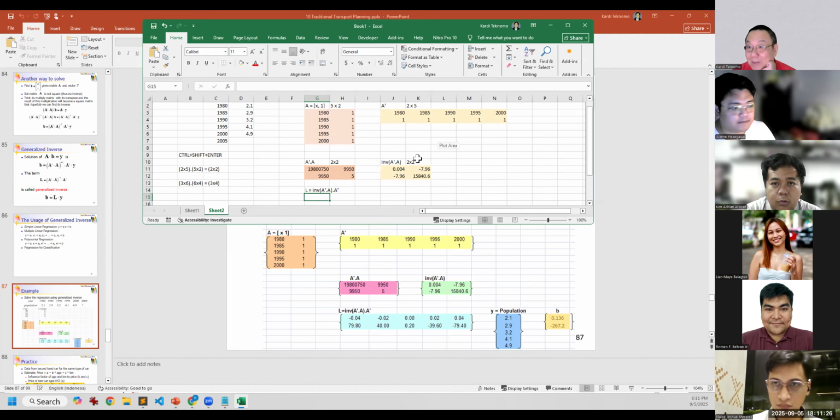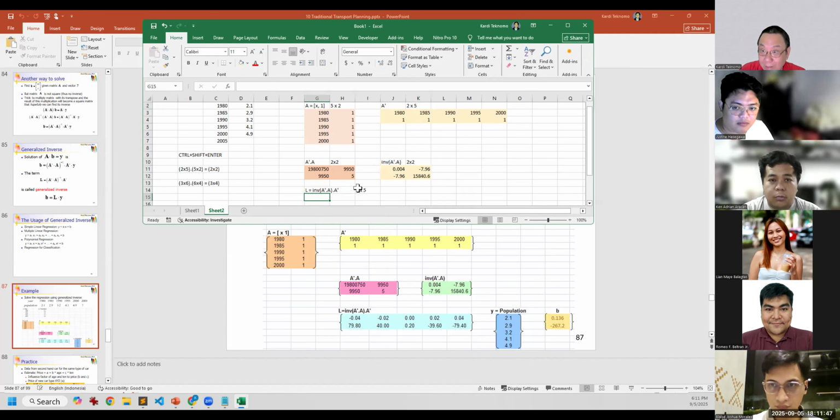Oh, the size matters now. This one is 2 by 2, right? And this is 2 by 5. Can we multiply? Yes, because 2 is the same as 2, and the result is 2 by 5. So the result must be 2 by 5.